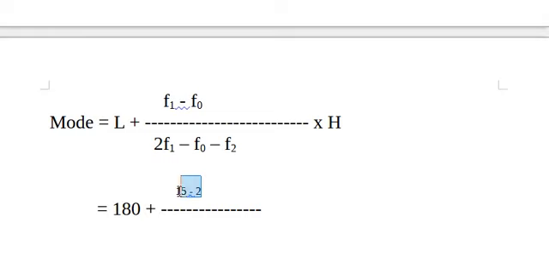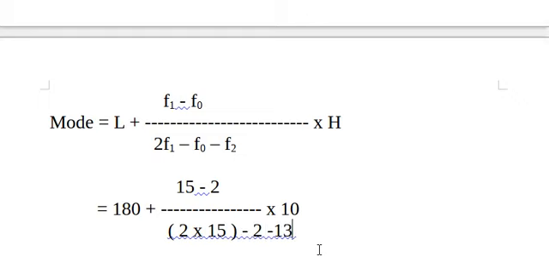Now I will make the font much bigger. Here I am putting h also, and then 2 into 15 minus 2 minus 13.